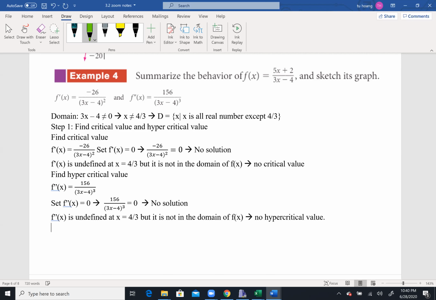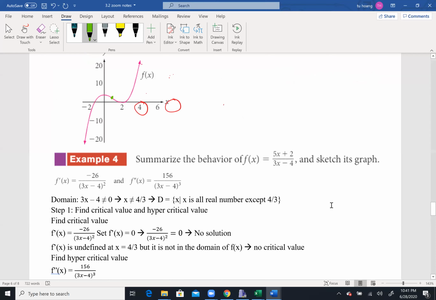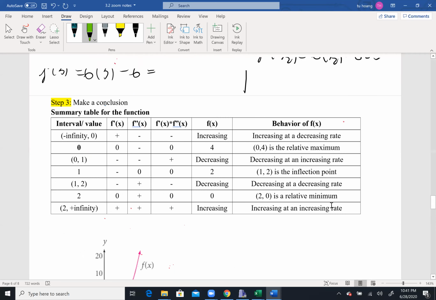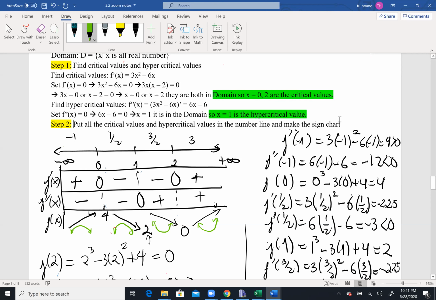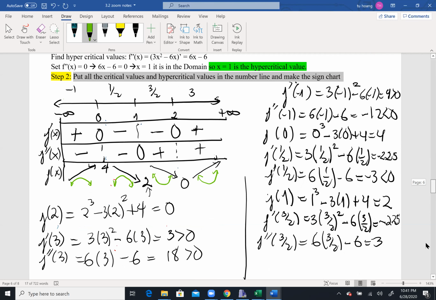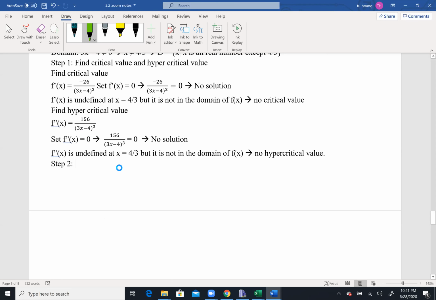And now you're going to move to step 2. But in this step, you may have to do it a little bit differently from other problems.